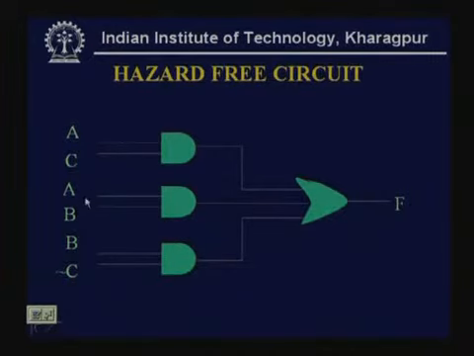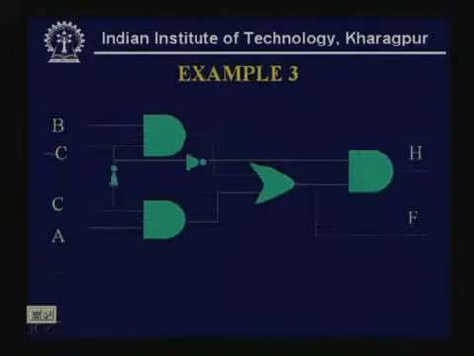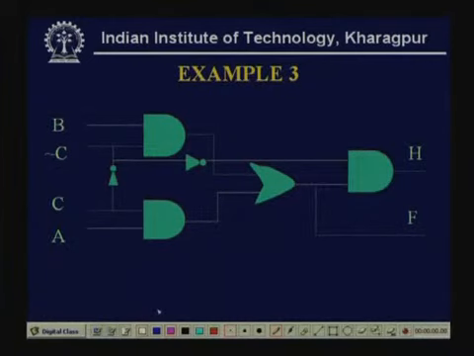So, if A equal to 1, B equal to 1, that means AB high, then one input is high. So, it is immaterial what the first input of the OR gate is.